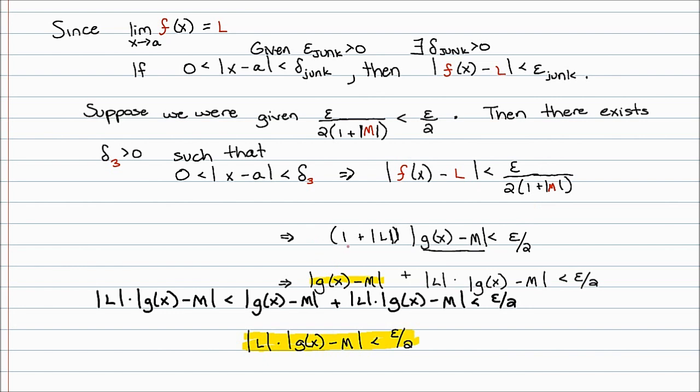So this implies that 1 plus the absolute value of m, let me go ahead and write that in there, times the absolute value of f of x minus L is less than epsilon over 2. All we need to do is bound this.